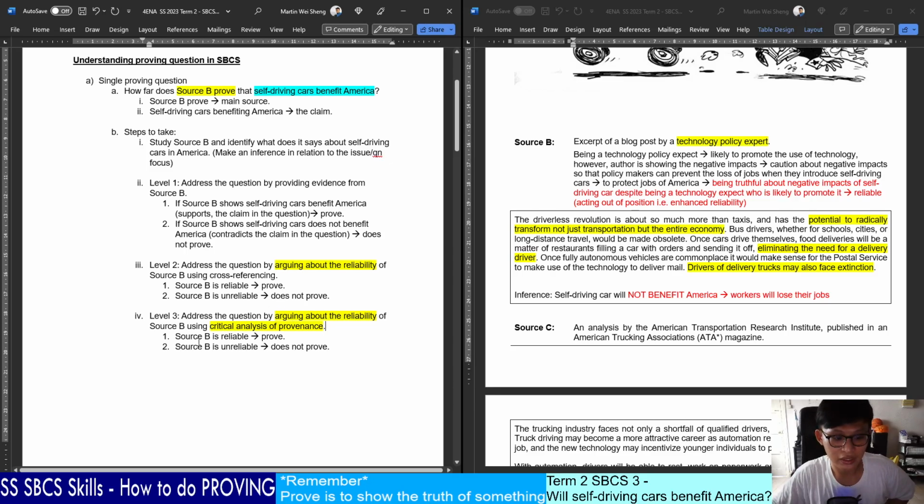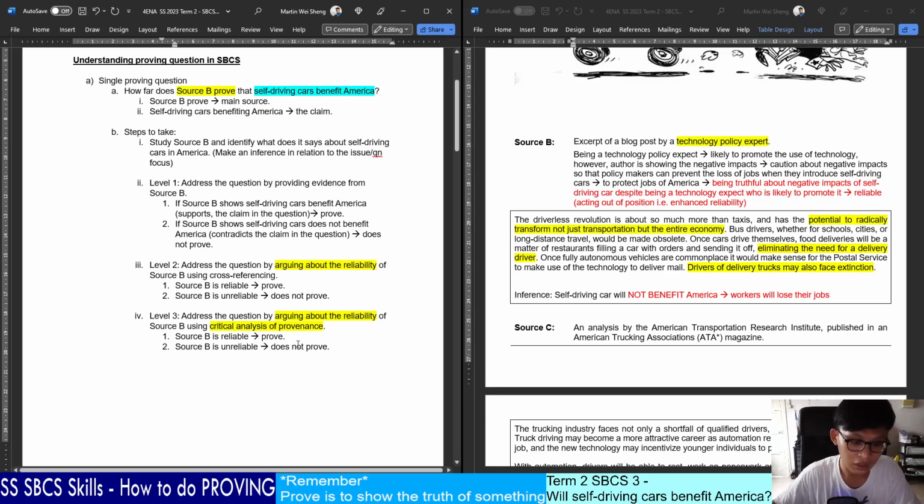So we say that the author here in this case is reliable, so he's able to prove whether or not self-driving car is beneficial. And in this case, because the source is saying that self-driving car is not beneficial, source B proves that self-driving car is not beneficial to America.